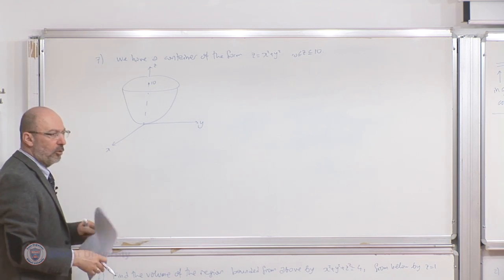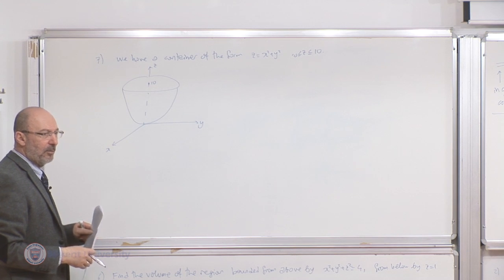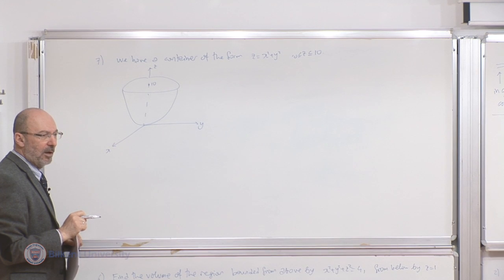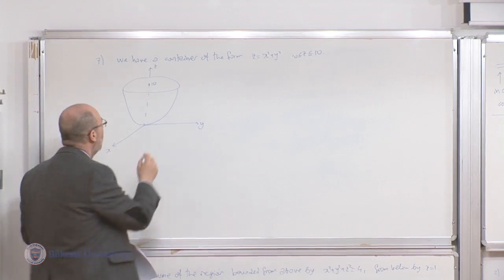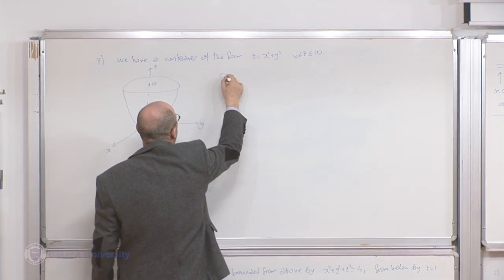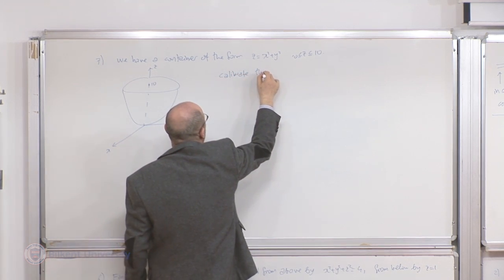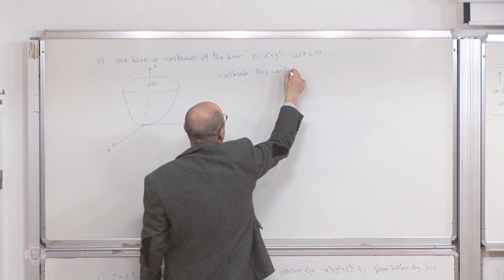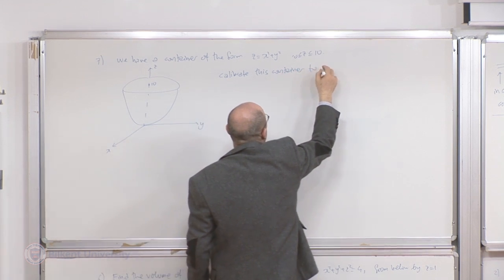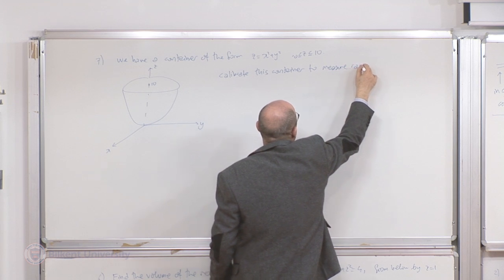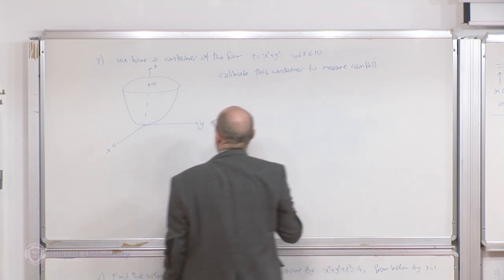We want to use this as a rain gauge to measure how much rain falls. So calibrate this container to measure rainfall. What does it mean?